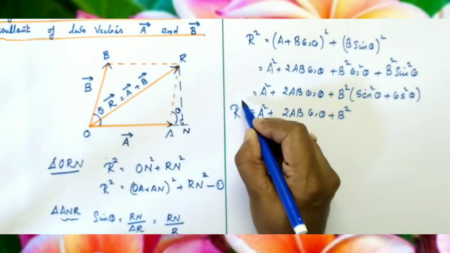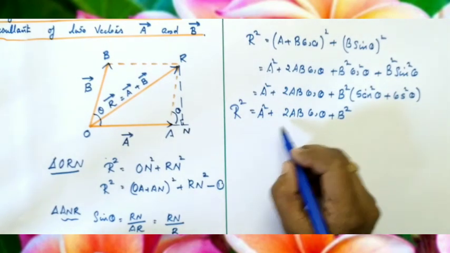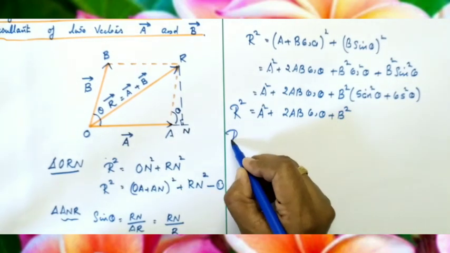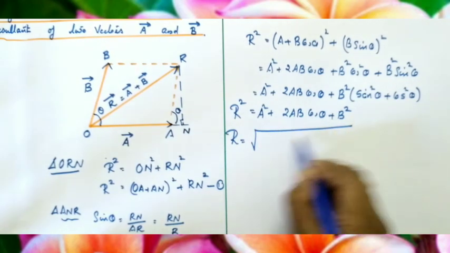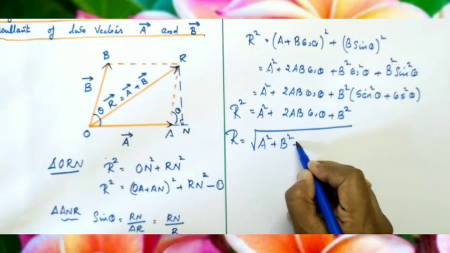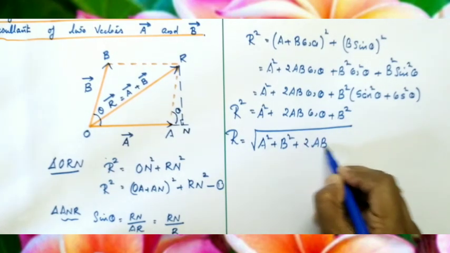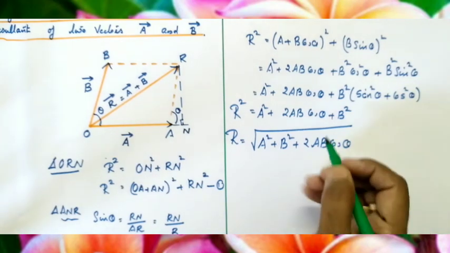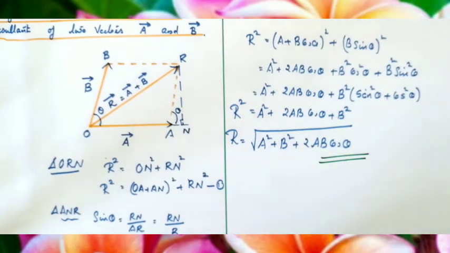So R square, the value of the resultant, is A square plus 2AB cos theta plus B square, or the value of the resultant R is the root of A square plus B square plus 2AB cos theta. So if two vectors, vector A and vector B, have theta as the angle between them, the resultant is R equal to root of A square plus B square plus 2AB cos theta.